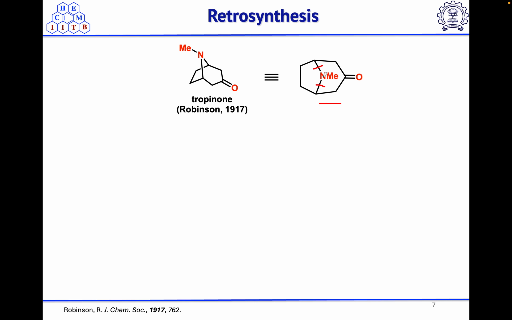So that means this nitrogen, this amine type of thing, will be the nucleophile. That means this carbon should bear a delta positive charge, and this carbon should bear a delta positive charge.